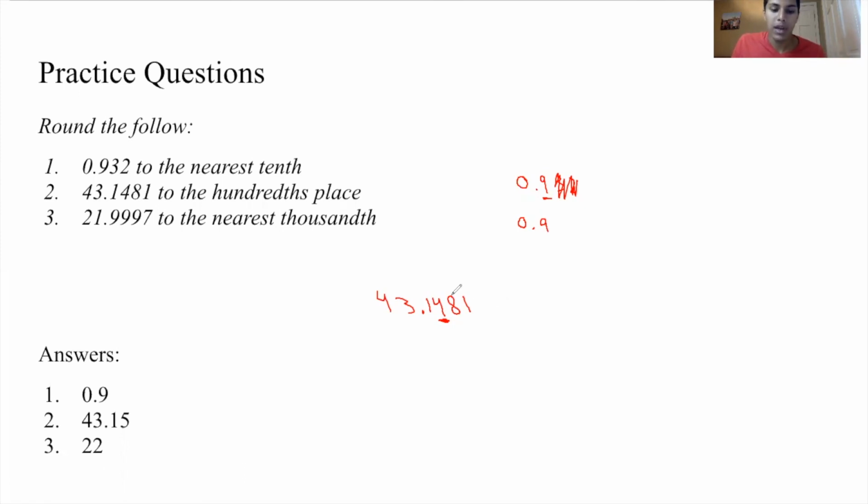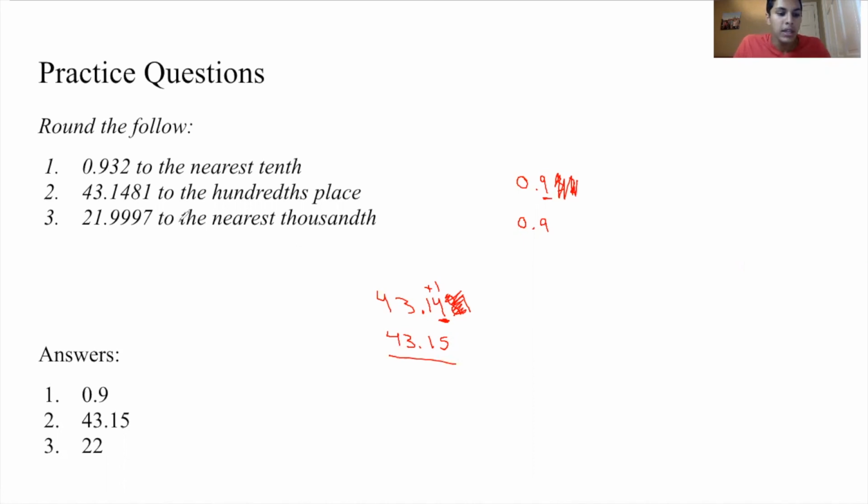Remember, when we round up, we can drop the rest of the digits, but instead of keeping it the way it is, we add 1 to the digit that we're rounding to. So this 4, we add 1 to it and it becomes a 5. So instead of 43.14, we have 43.15, which is very close to 43.1481. So 43.15 is our next answer.